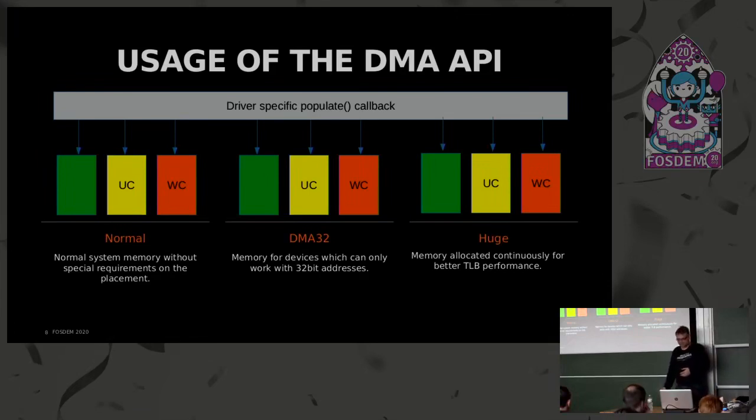So I've actually already synced up with Christoph Hellwig, one of the core Linux developers in that area, and he wants to provide us with a bunch of new flags to move those allocations back into the DMA API. And when that's done, we need to implement a memory management callback in the DMA API pools, and that will probably solve this problem.